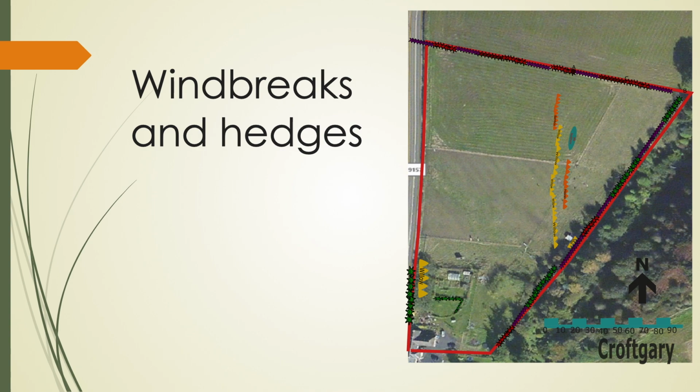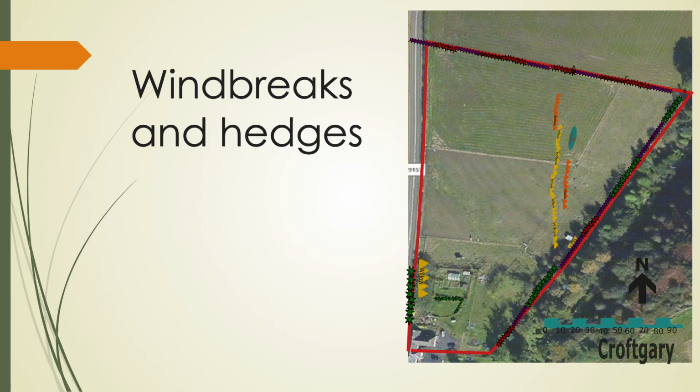So we've put in a mixed hedge along there of various things that would be good for wildlife in terms of habitat and also food, and also some edible things for us. There's lots of currants, cotoneaster, holly, juneberry, forsythia, various things that should provide interest, food and habitat across the seasons.